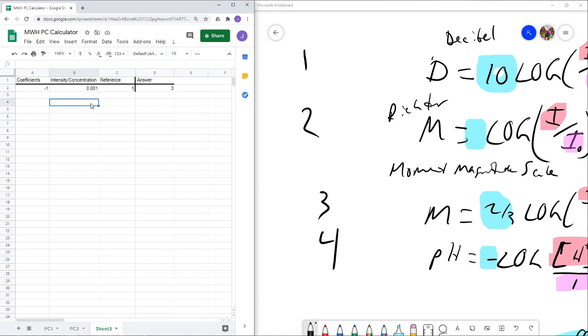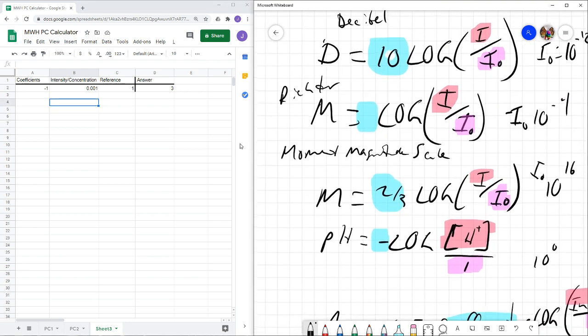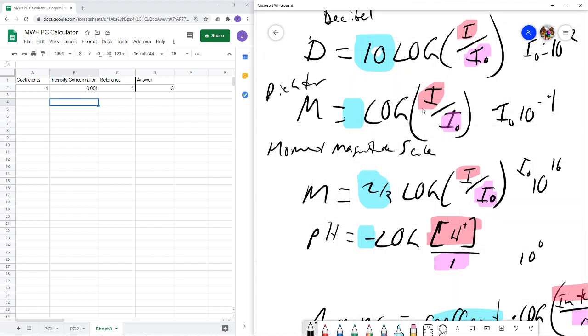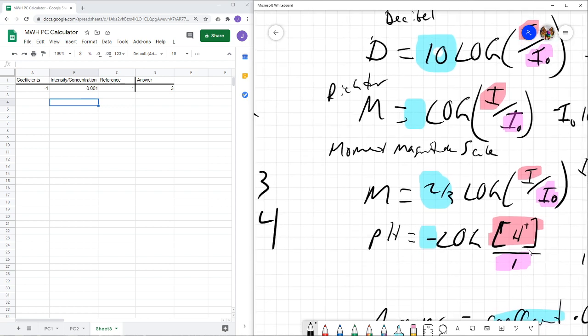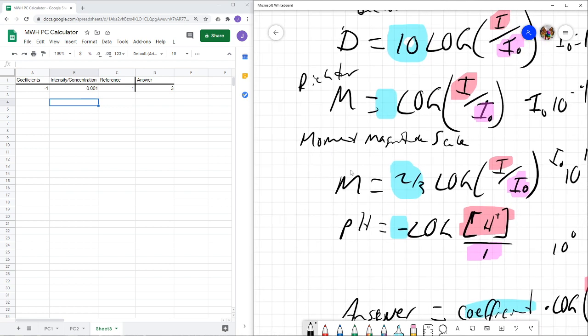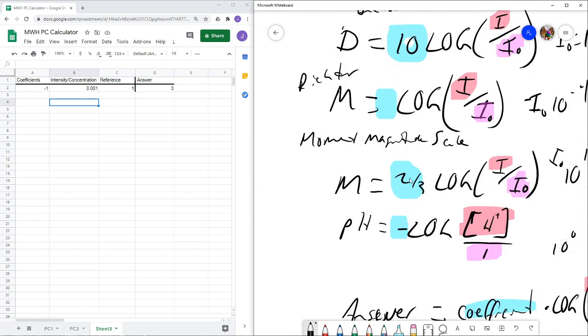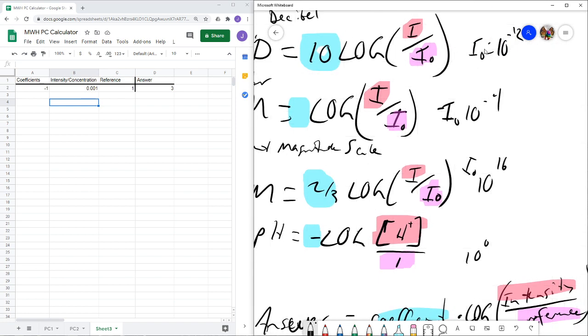For each function, we can notice that the coefficient and the reference intensity, or reference threshold, change depending on which function it is. The coefficient is either 10, a 1, a 2/3, or a -1, and the references, 10 to the -12, 10 to the -4, these all change.